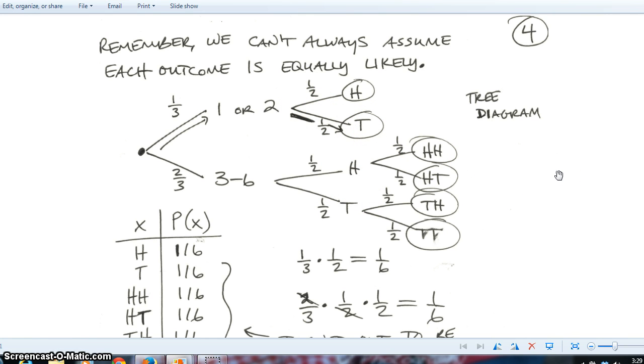Okay, and then to find the probability, say, of heads here, just get a single toss with heads. Follow the paths going out. So 1/3 times 1/2, that makes 1/6. So the probability of heads is 1/6. 1/3 times 1/2, the probability of tails is also 1/6.